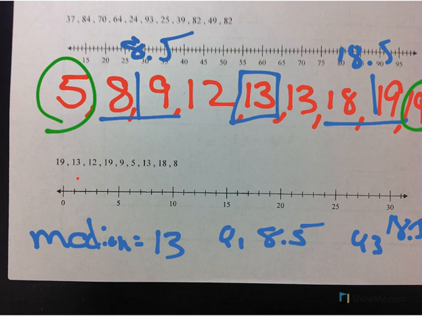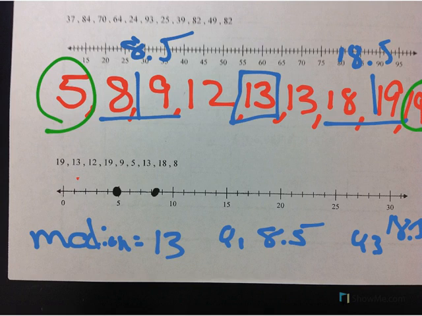So at this point, I'm going to go ahead and plot the points on my number line. So I know my minimum is 5, so I put a dot right there. I know my first quartile is going to be 8.5. So I go 5, 6, 7, 8, and 8.5 is right there.